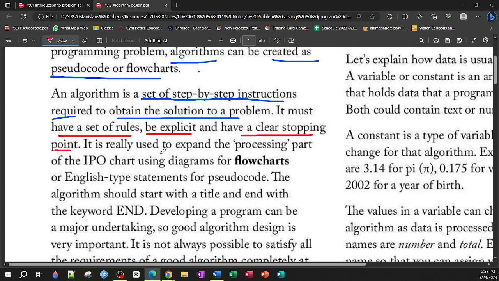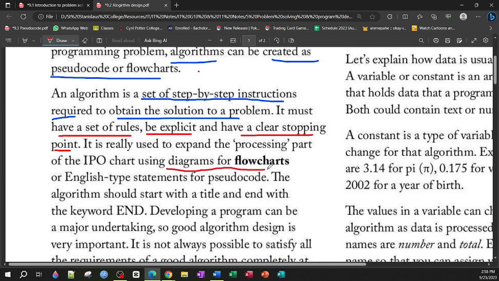So it must be to the point, clear and specific, following these rules, so that if anyone is reading it, they will be able to understand exactly what is happening. It is really used to expand the processing part of the IPO charts. That's why we were learning about the IPO chart.